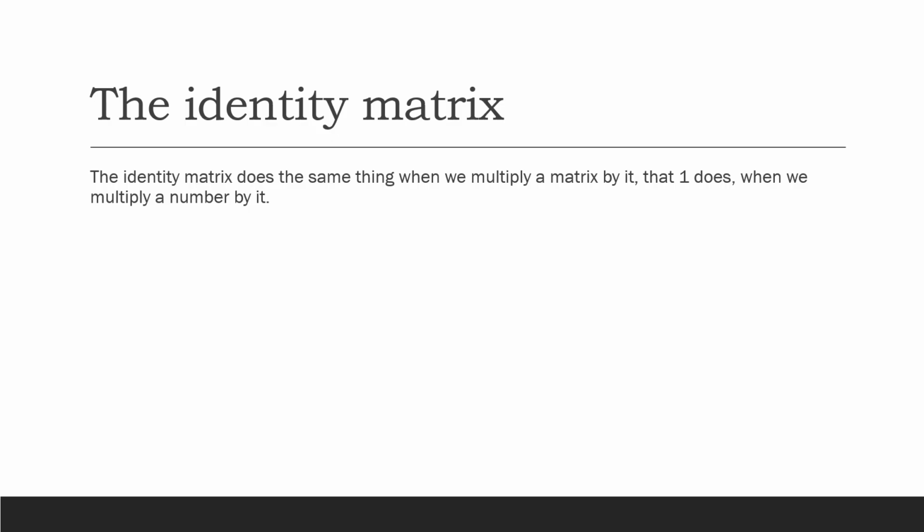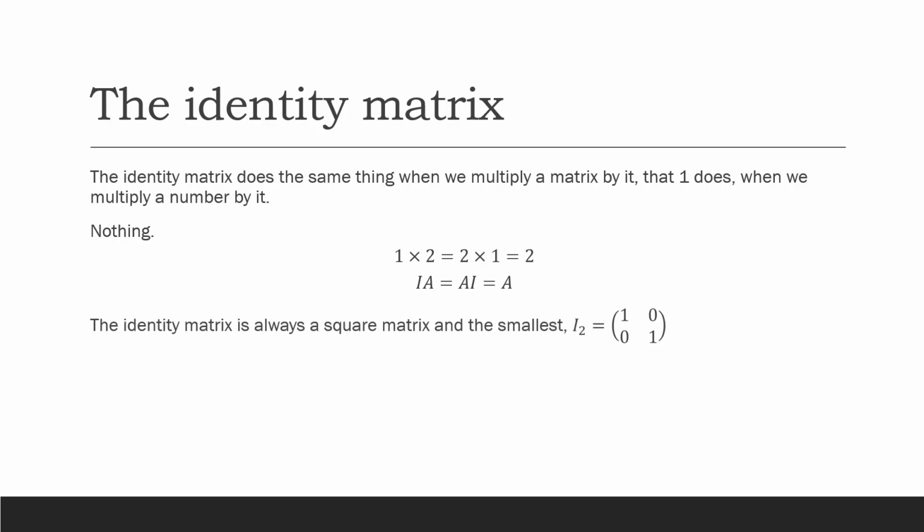So this identity matrix is, as I said, the equivalent of 1. When we multiply a matrix by it, nothing happens. So 1 times 2 is 2, 2 times 1 is 2. IA equals AI equals A. Now then I've given you an example of the smallest identity matrix.